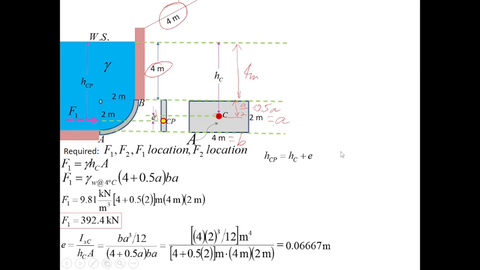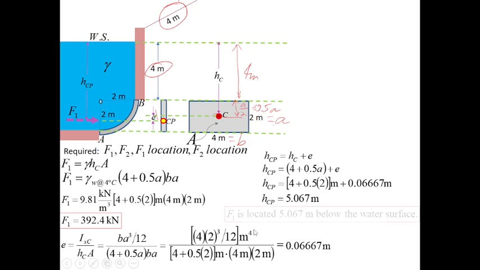This was discussed before, right? Just review the previous lesson. So, HC is 4 plus 0.5A, plus E. A is 2 meters, E is 0.06667 meter. We get 5.067 meters.